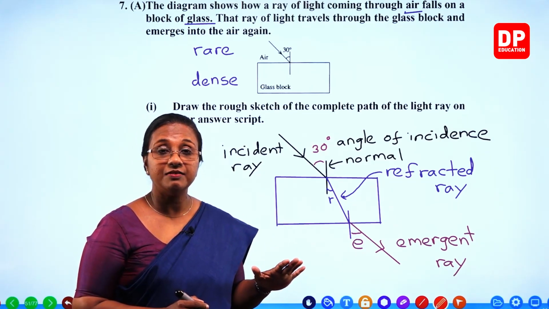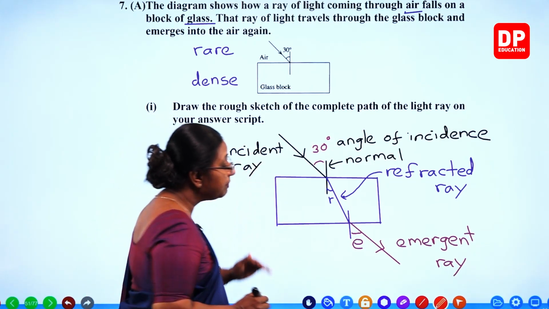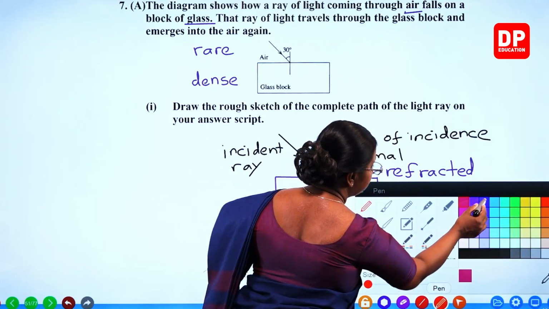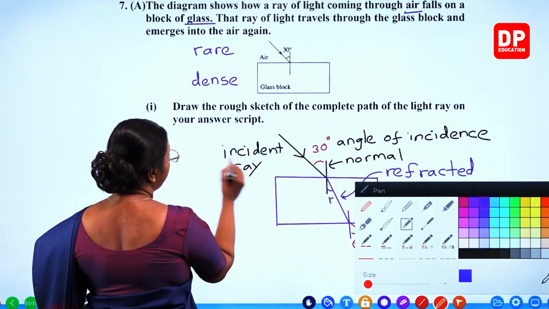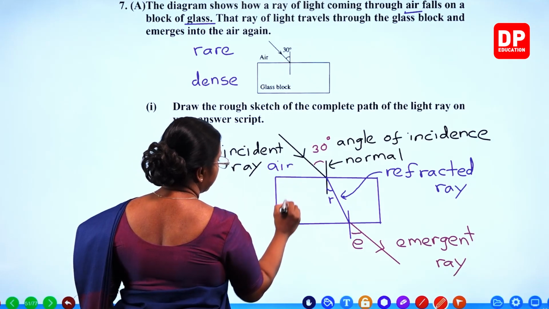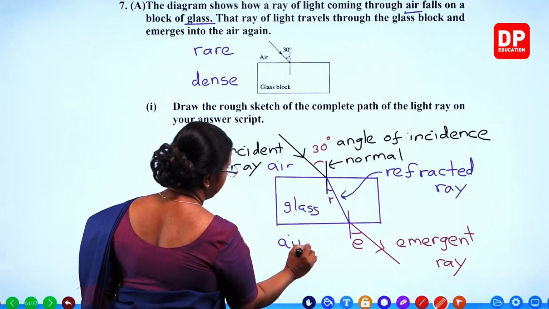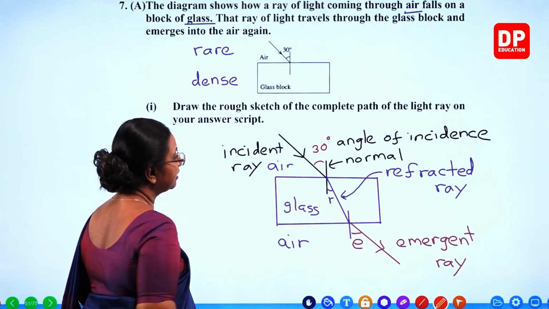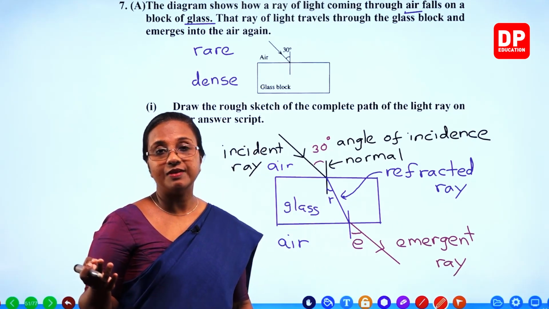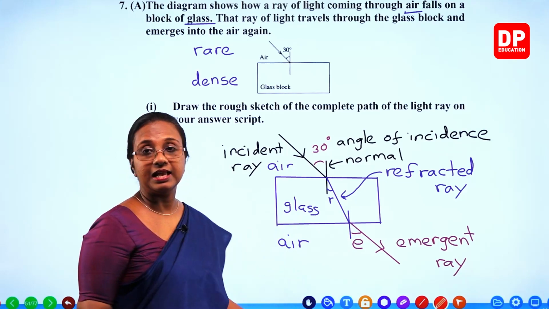And this refractive index depends on the media where the refraction takes place. So here this is air, this is glass, and again there is air. So this refractive index is a constant value between air and glass.